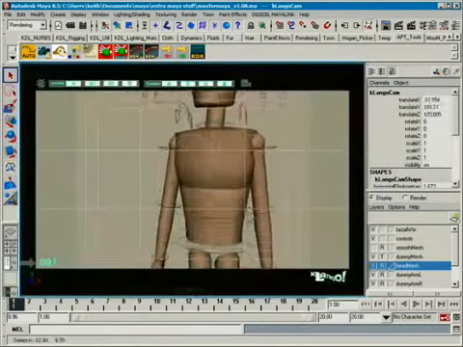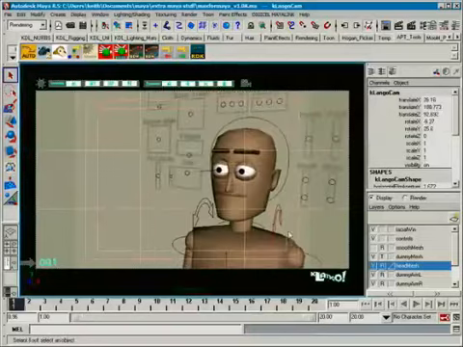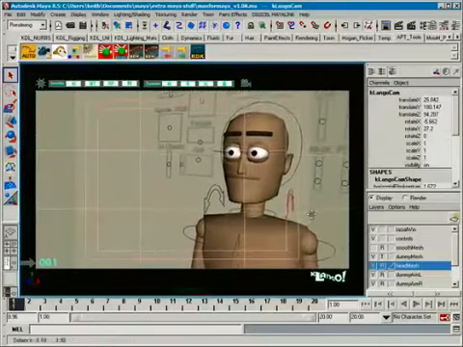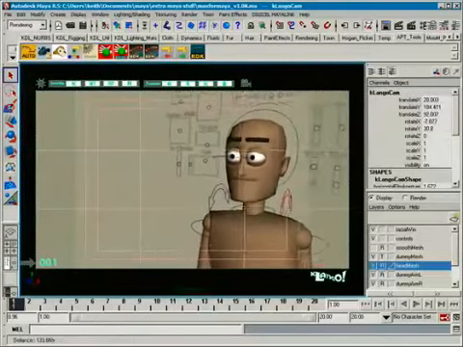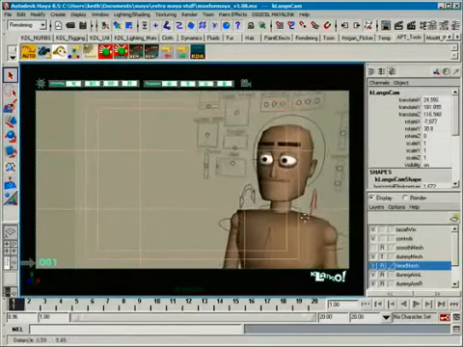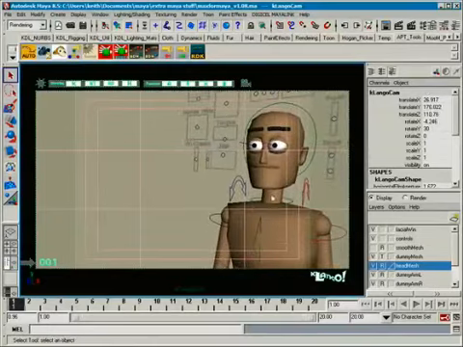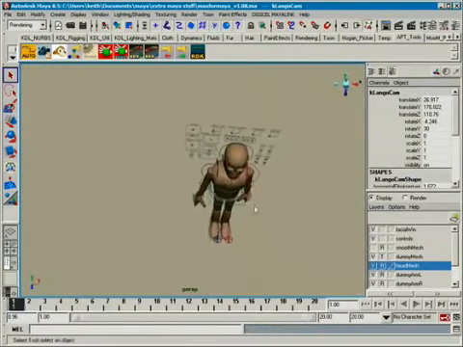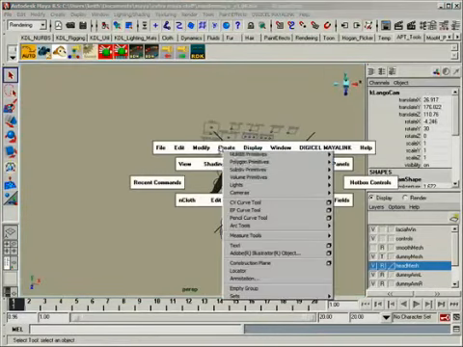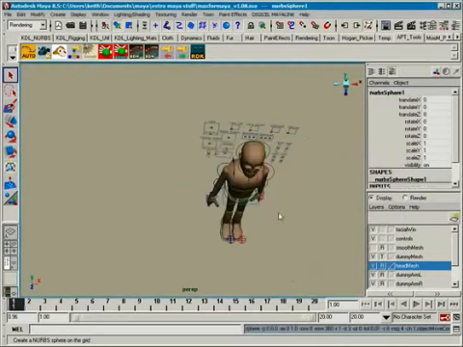Put the character in his world with the camera here. And let's say we're going to have this character talking to another character who's standing right next to him. Okay. We'll create a NURBS sphere, and we'll just pretend it's another character.